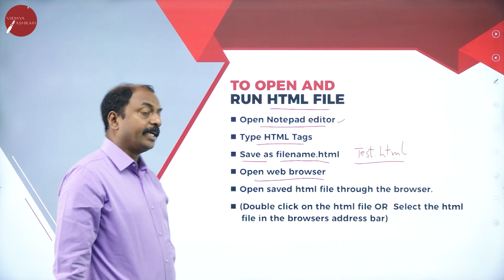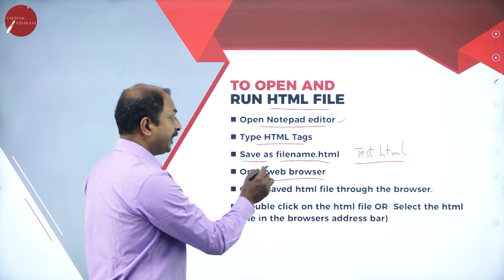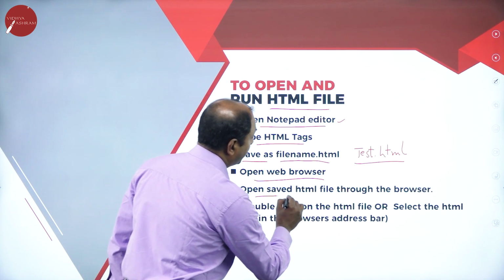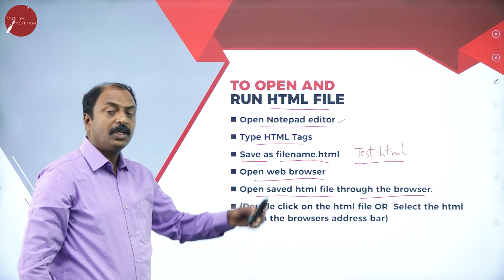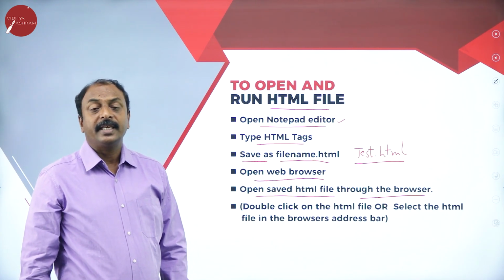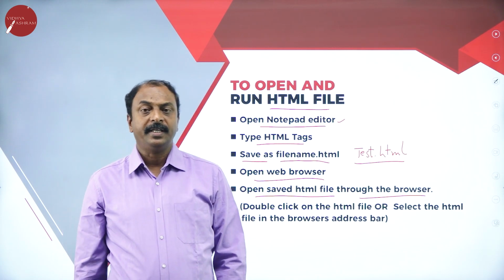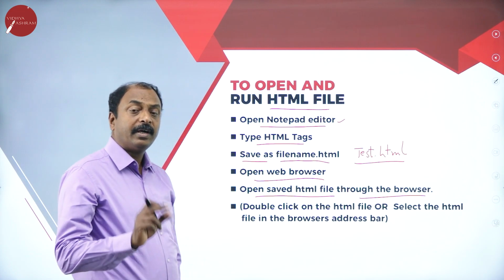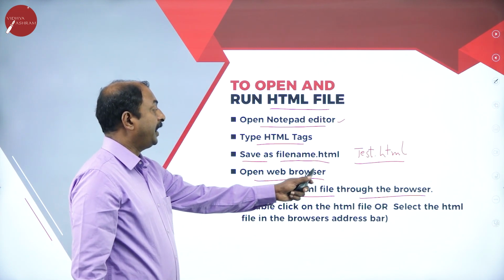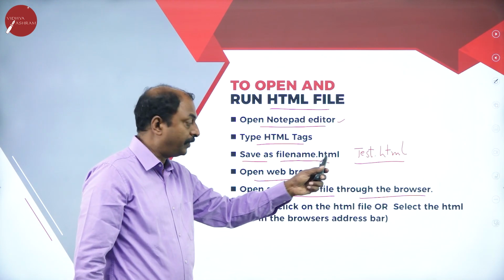So it works with any web browser. Open the web browser, then open the saved HTML file through the browser. Inside the browser, as all of you know, there is a place called the address bar. That is where we write the URL of a website, or the file name you saved, with the exact path or location.